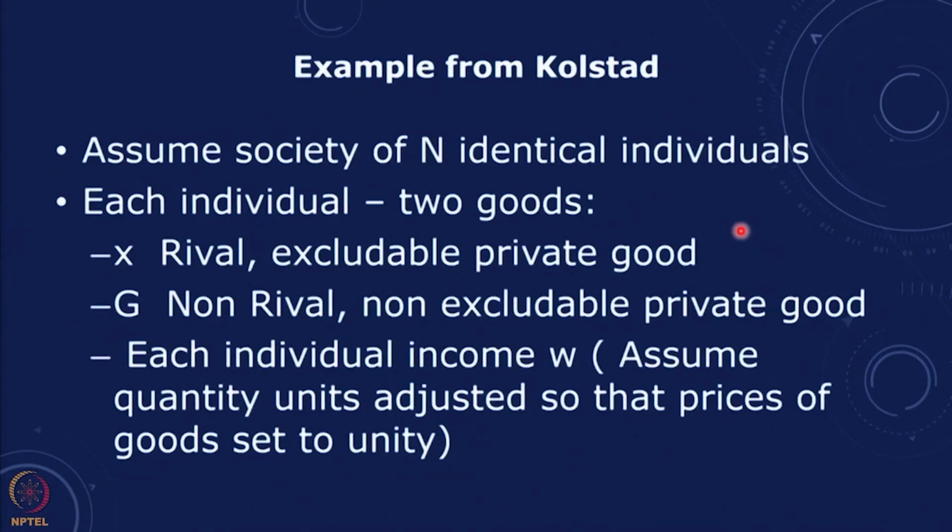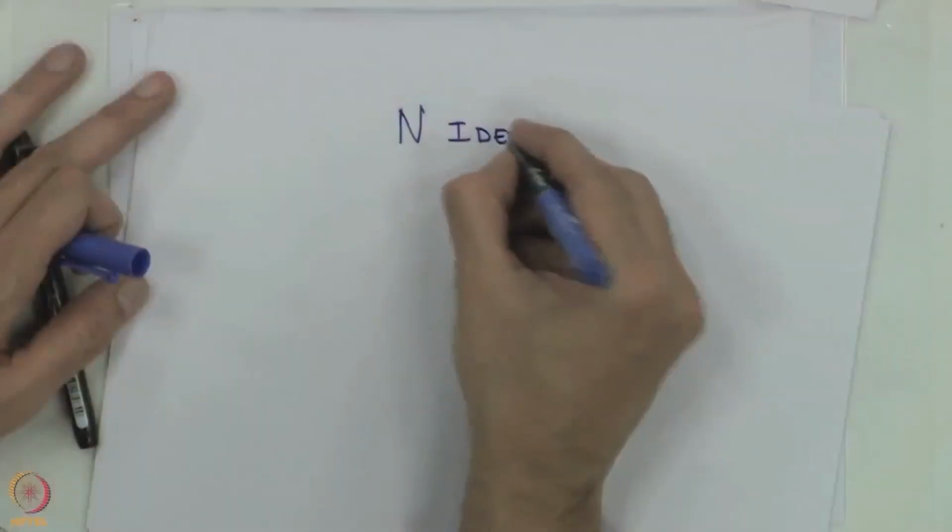So now we would like to look at an example in terms of what can we say about the market and the provision of public goods. So we have a hypothetical example. This example is from Kolstad. We assume that there are n identical individuals.